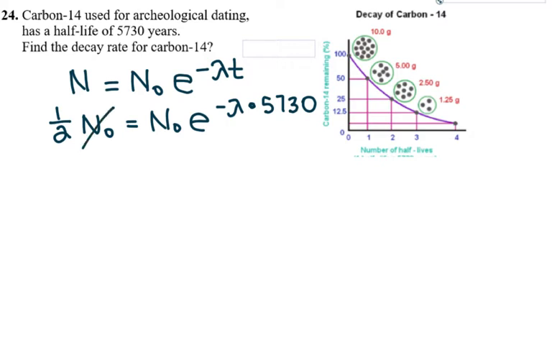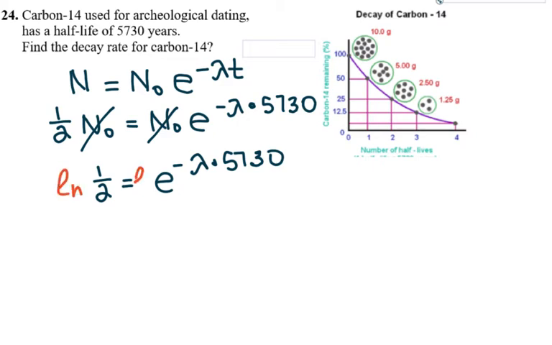So now if I cancel lambda n sub 0, because that's the amount of element that we're going to start with, then I have 1/2 is equal to e to the power of negative lambda times 5730. And then as before, I'm going to take the natural log of both sides, so I can move my exponent in front, and the natural log of e will become a 1.